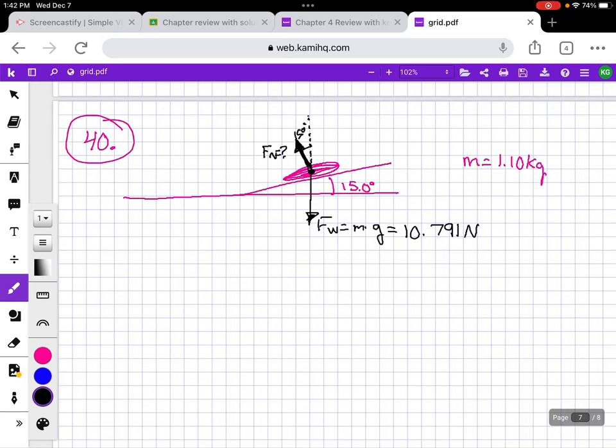All right, so there are also some other forces here that probably will not matter. It's called static friction if we're not moving. There will be a couple of different ways to set it up, but there will be one that is the easiest.